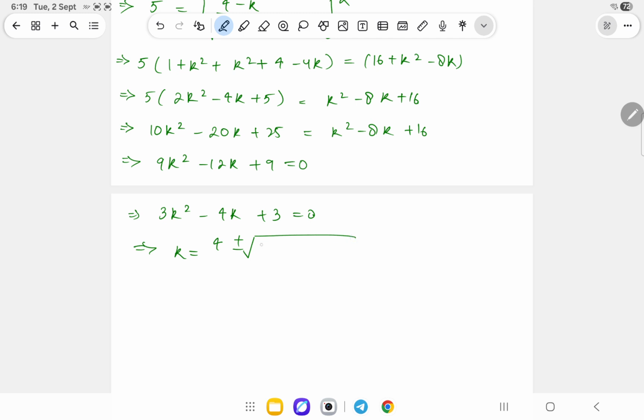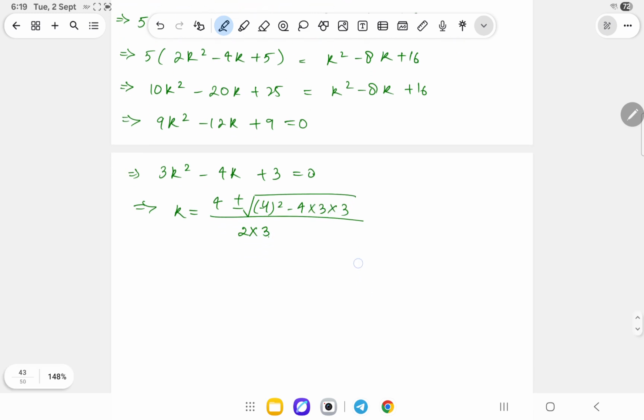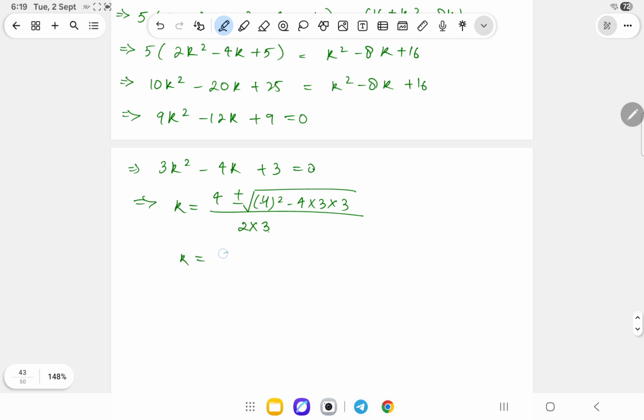So k will be basically 4 plus minus under root b square minus 4 into a into c divided by 2a. So this basically gives me k equals to 4 plus minus under root 16 minus 4 into 9 divided by 6. So it is 4 plus minus under root 20i by 6.